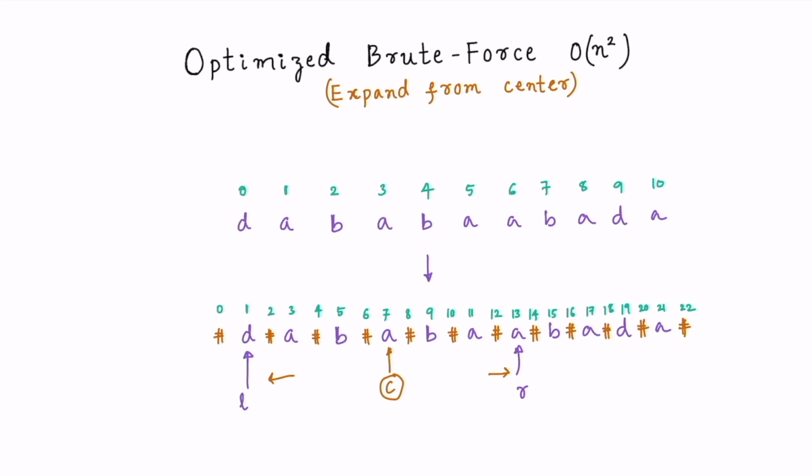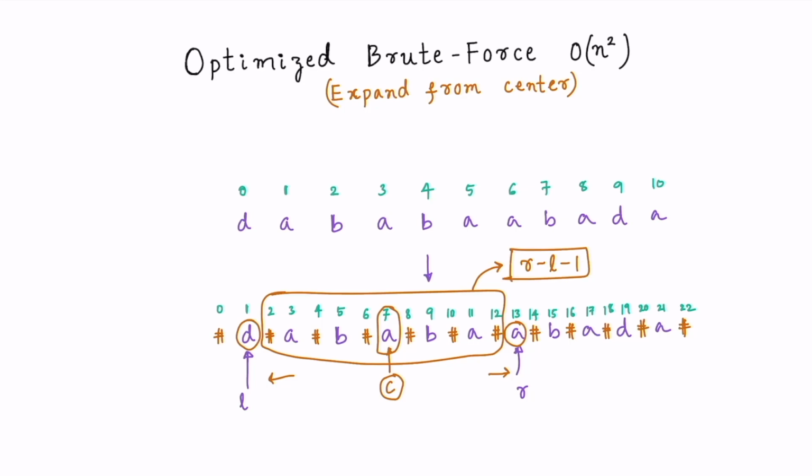Now L points to D and R points to A. These two characters are not equal. So the longest palindrome, starting with this A as a center character, is this. And the length of this palindrome is R minus L minus 1. If this is the longest palindrome so far, we save it to the result.